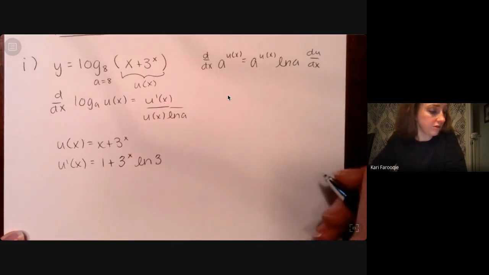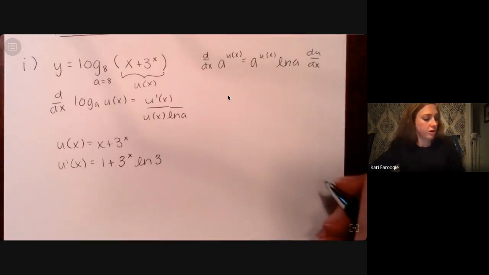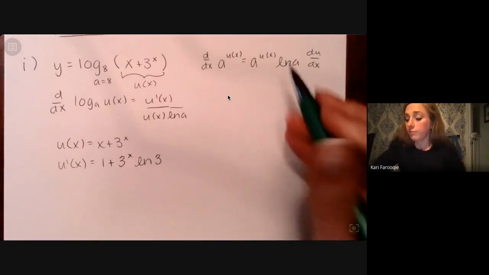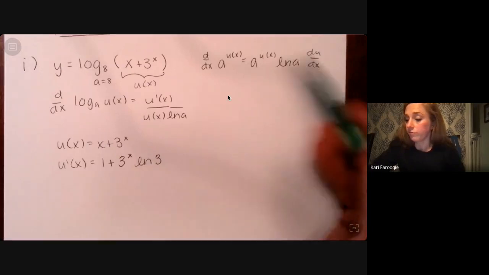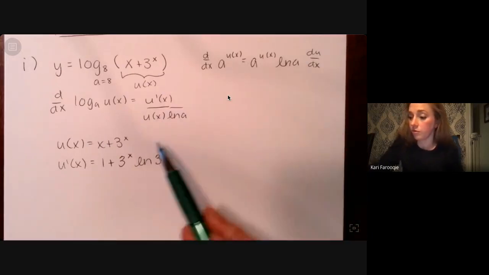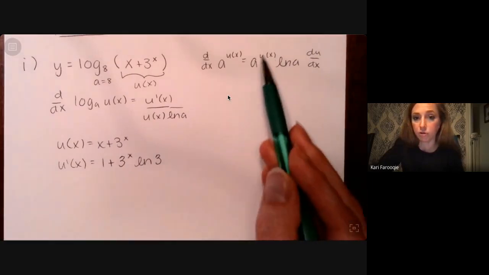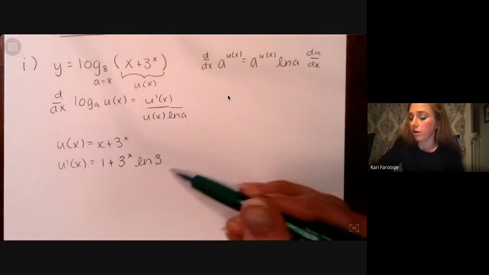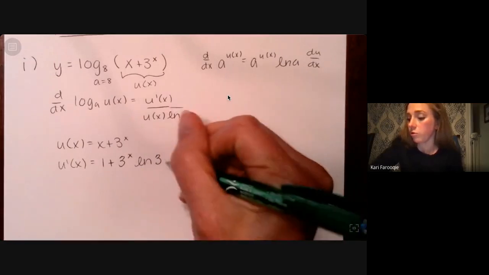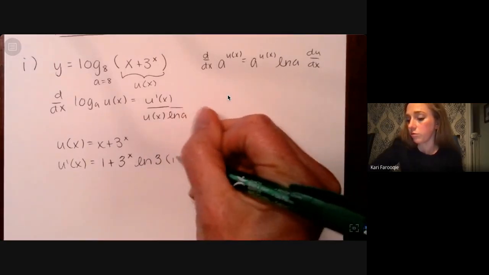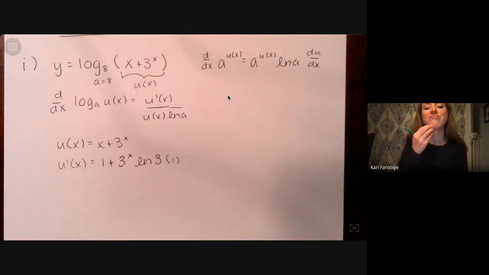Now, in our case, du dx is just 1 because we just have x in the exponent. So we don't have to worry about taking the derivative of u with respect to x, because when we take that derivative, we just get 1. I mean, you can write it down if you want to, but it's unnecessary.